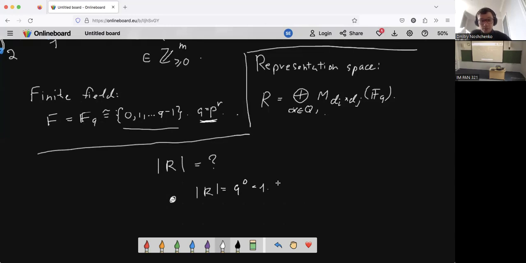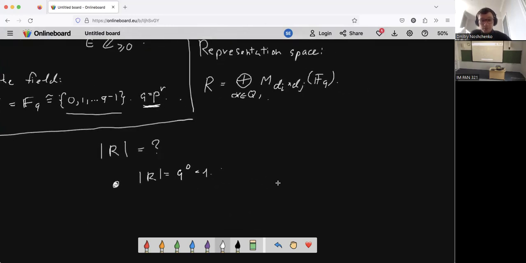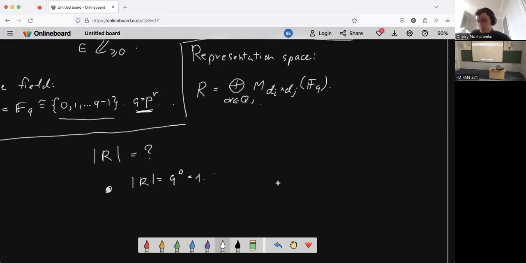This is trivial. In the next case, we can consider, for example, a quiver with one loop. Now we have a map, and the claim is that in this case the size of R is q to power d squared.